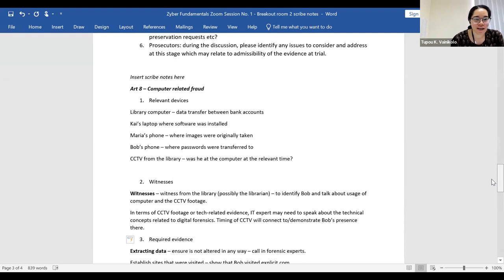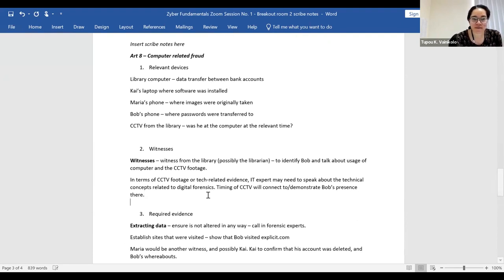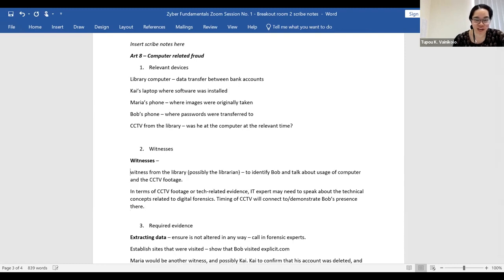The relevant witnesses would be definitely Kai, and also someone from the library, whether that's IT personnel or the librarian, to give evidence about whether they saw Bob at that time and which computer he logged into.